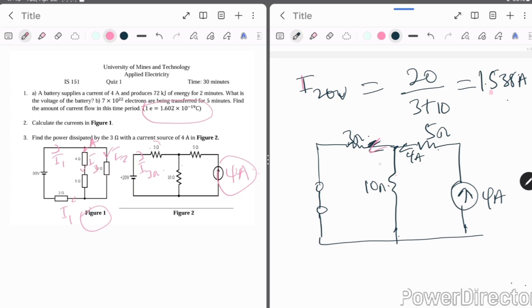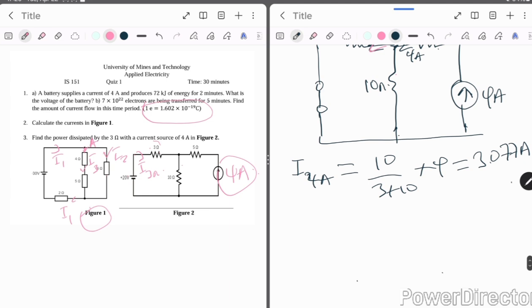So the current passing through 3 ohms due to the 4 amps acting alone is going to be equal to the other resistor, which is 10, because 10 and 3 ohms are in parallel, over the sum 3 plus 10, times 4. And this will give us 3.077 amps.